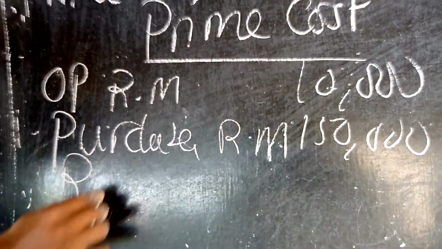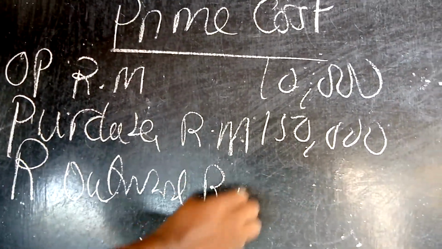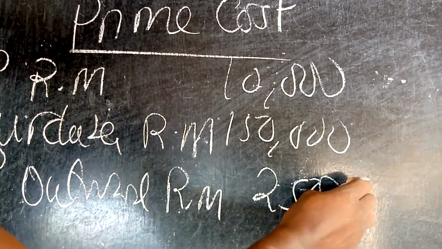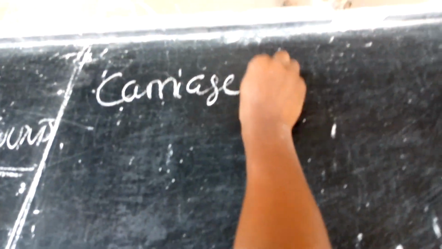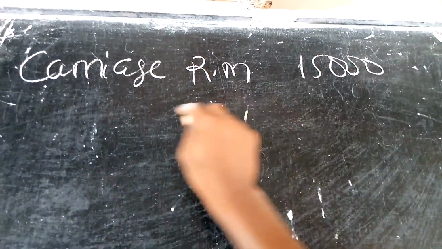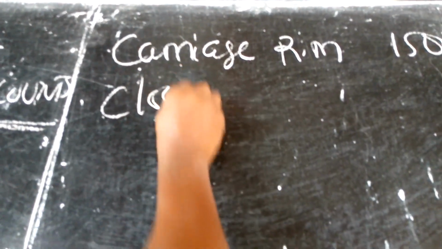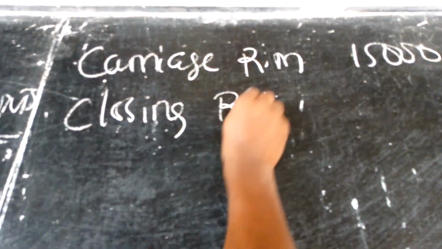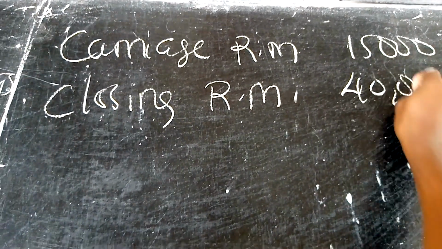There was a return outward of raw material, a sum of 25,000, and we had carriage inward of raw material, let's say 15,000. Then at the end of the day, we had closing stock of raw material, let's say 40,000.